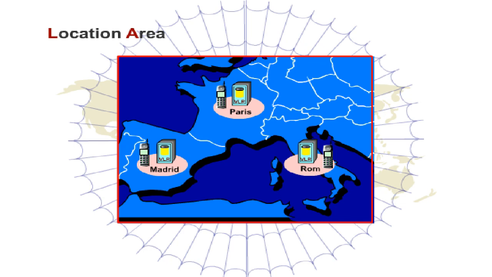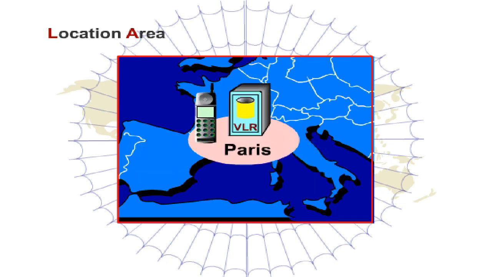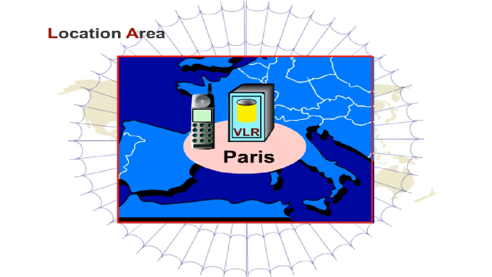A VLR controls at least one location area. However, in order to define as accurately as possible a subscriber's current location, the VLR area usually consists of several logical location areas. The process that keeps the network up to date as regards this current location is called location update.